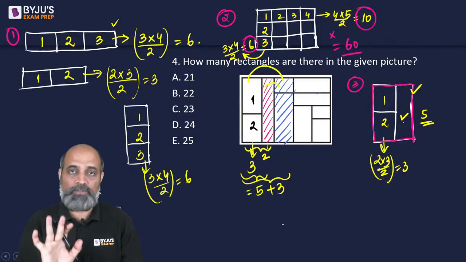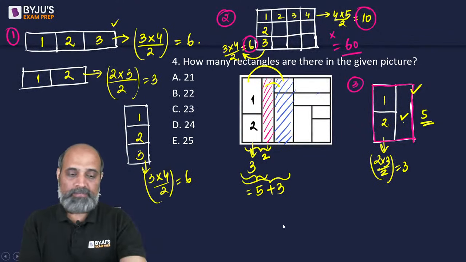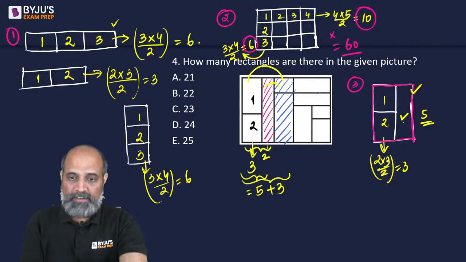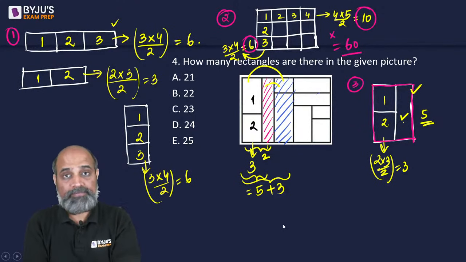Anyone has any doubt? 8 rectangles अभी तक निकले. Not 7 Aditya, not 7 Amisha, 7 नहीं, 8.